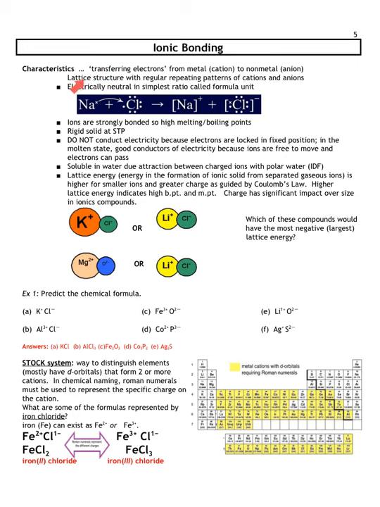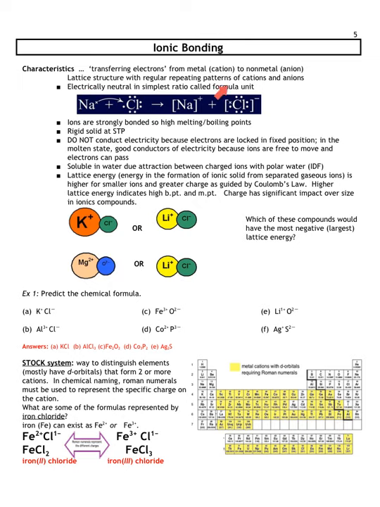Ionic compounds have what is called a lattice structure. The reason the word lattice is used is that it's a repeating regular pattern of cations and anions. You'll see a structure that I'll show you later on when we look at characteristics of ionic bonding. It's always repeating in a three-dimensional structure.